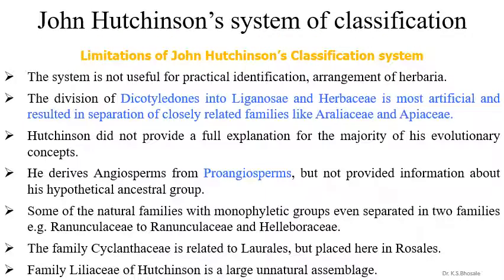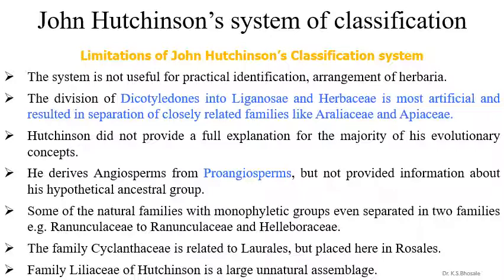Let's have a look over the limitations of his system. The system is useful because of providing the keys, but it is not much useful for practical identification, arrangement of herbaria and for academic purposes.